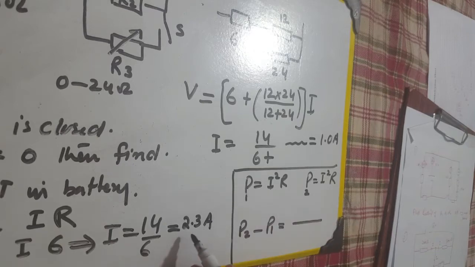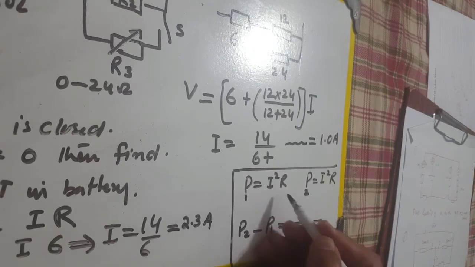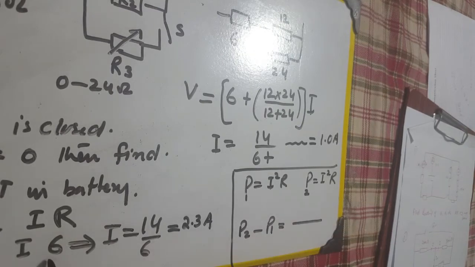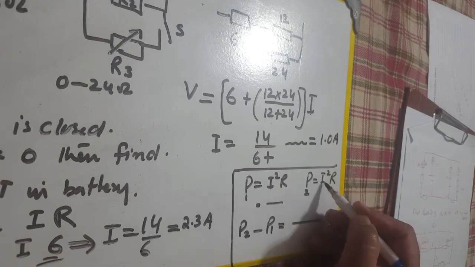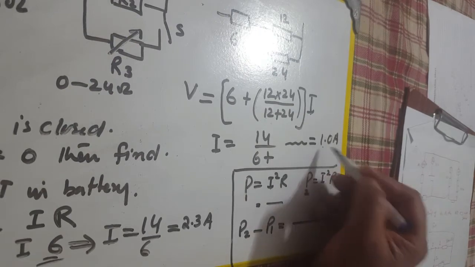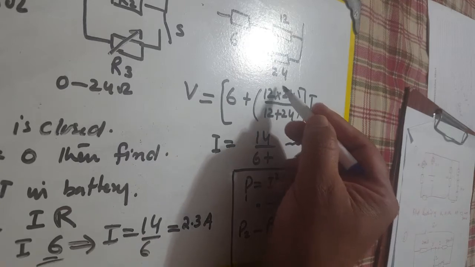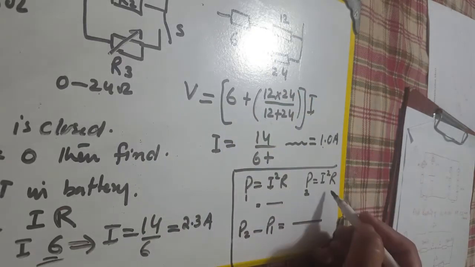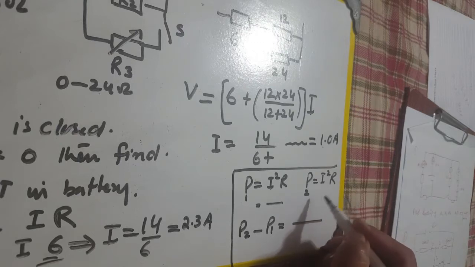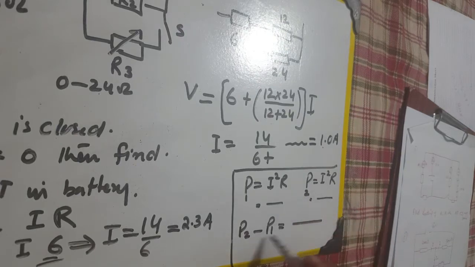Now I square means 2.3 square, R was the 6 ohm, and you get the power of this. Then you have the new current I and the new resistance, which involves all the resistances. You need to solve it, put it in here, and you get the second power, P2. The difference will be the difference of power. Okay, so let's go with the last part.